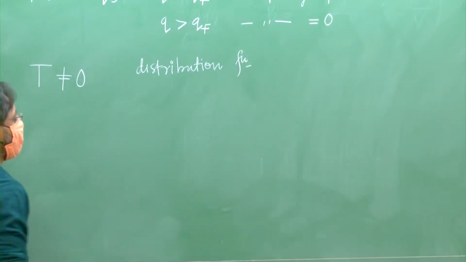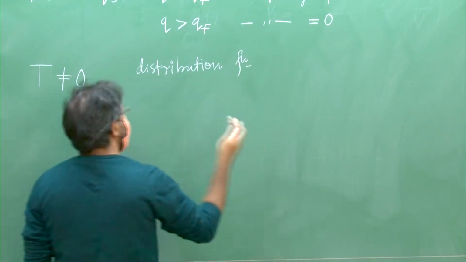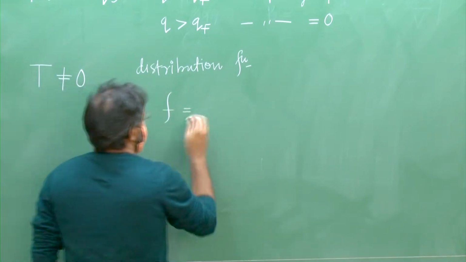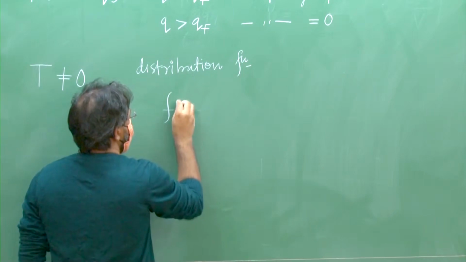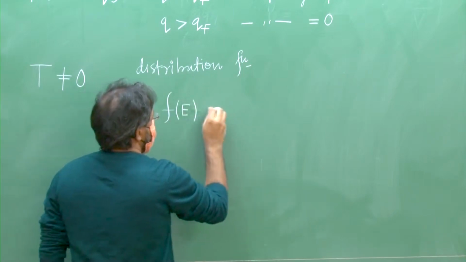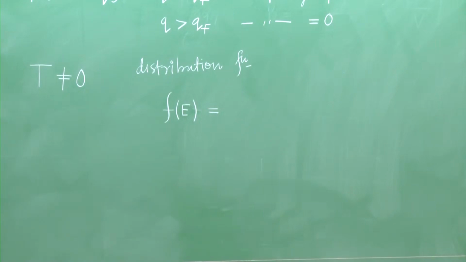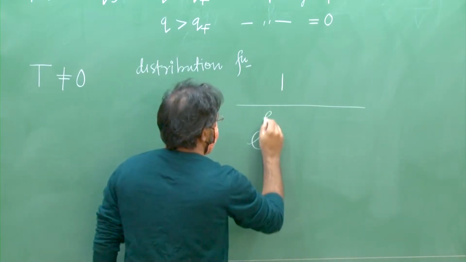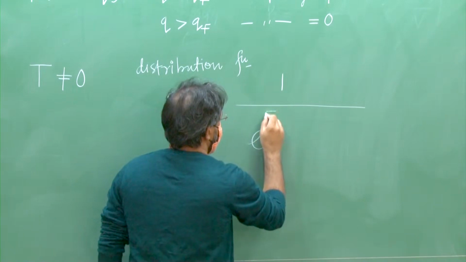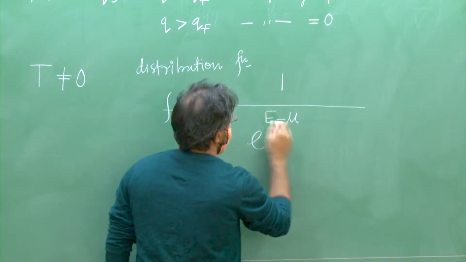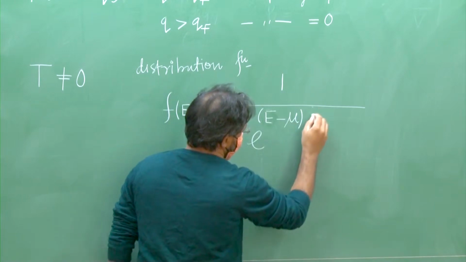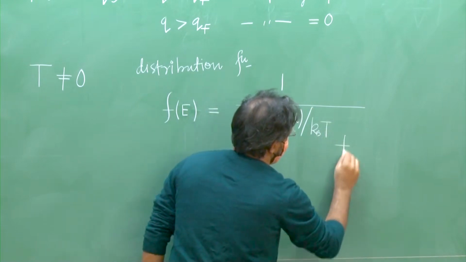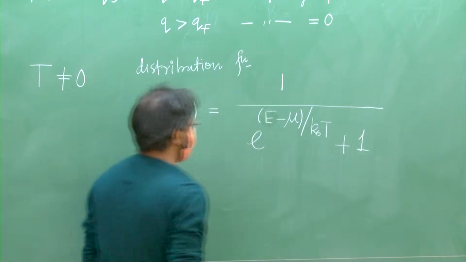The distribution function for electrons and for fermions in general is given by F of E is equal to 1 over exponential of (E minus mu) by kT, plus 1. This governs the behavior of electrons.